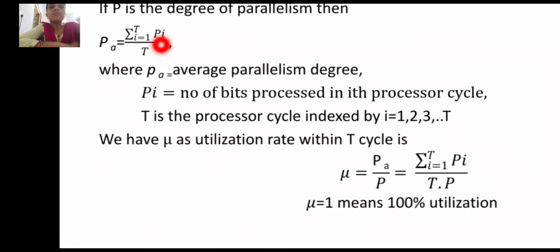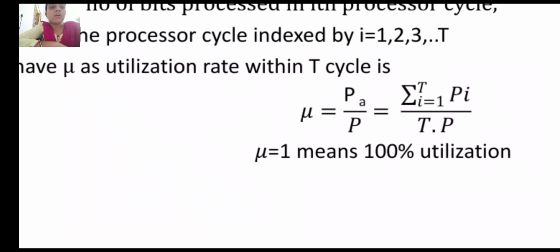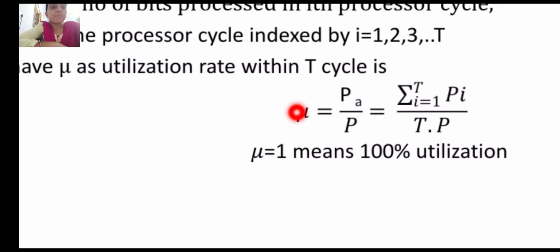Then summation of Pi upon T is calculated as the average parallelism degree. Then we can find the utilization rate as mu equal to PA upon P.